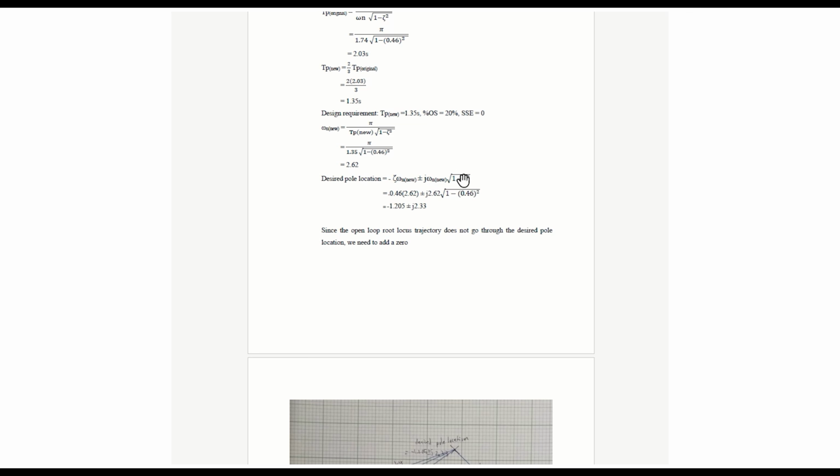Usually it doesn't. That is the reason why we use PID. We use PID to change the trajectory of the root locus. So that's why we do PID.